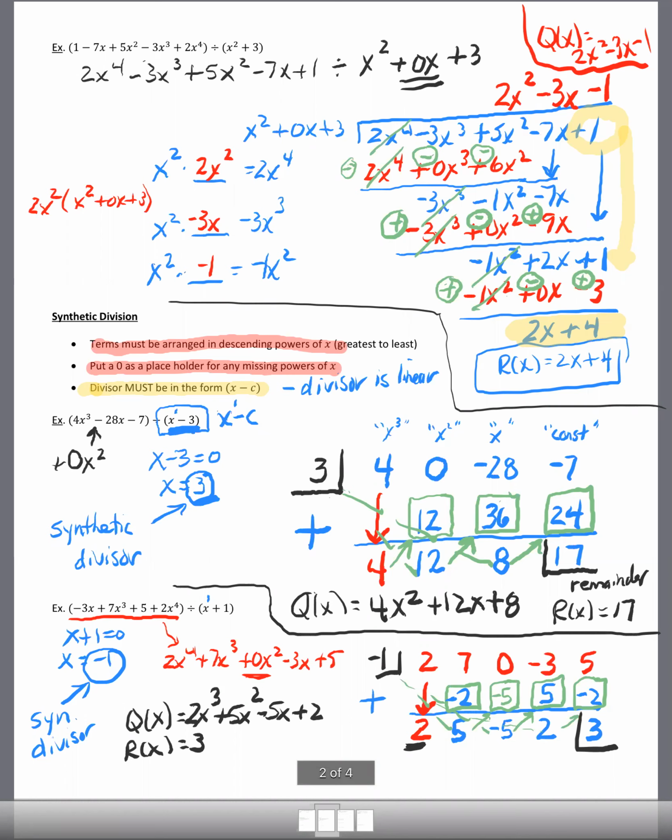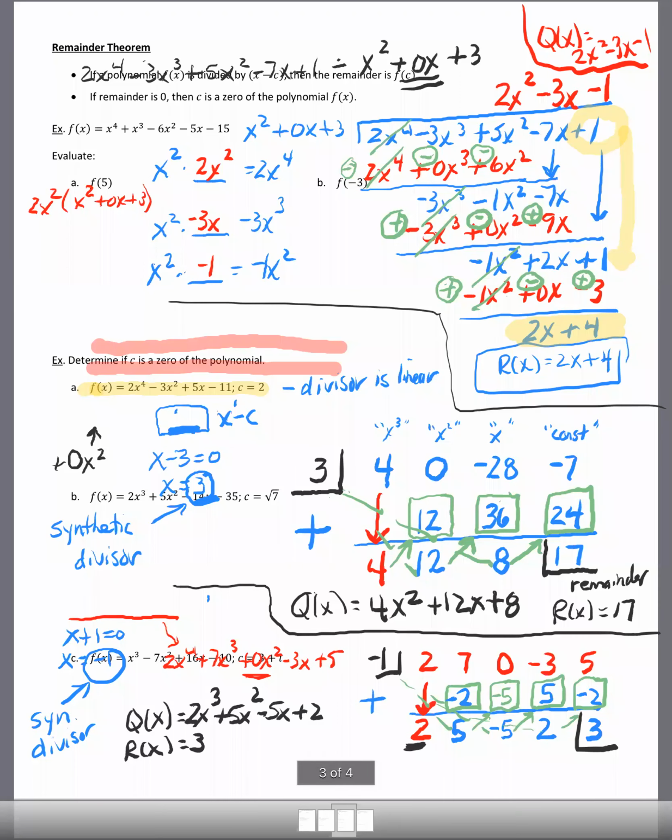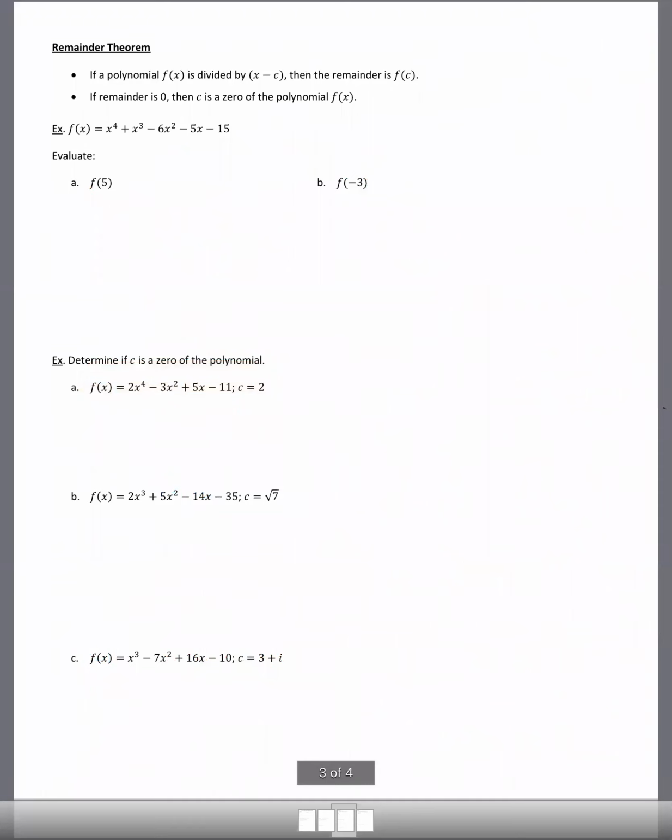All right, so here's pretty much our tools. So let's see what we can do with them. One of the theorems that we'll be working with is called the remainder theorem. The remainder theorem has a very unique thing about it.